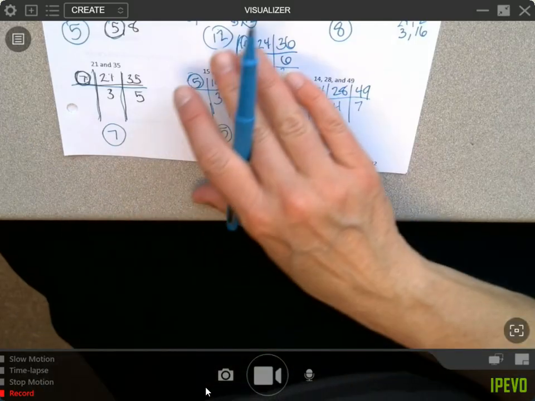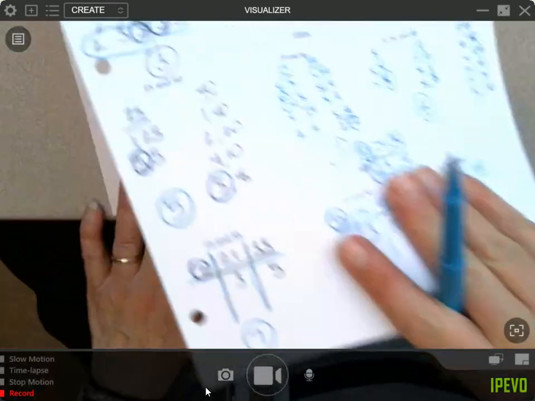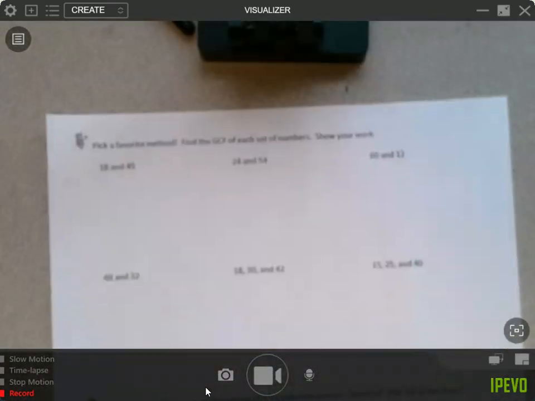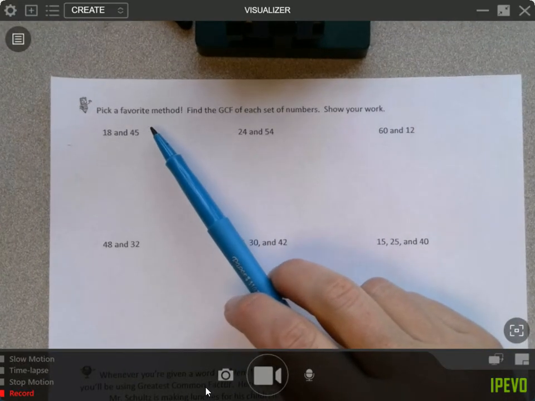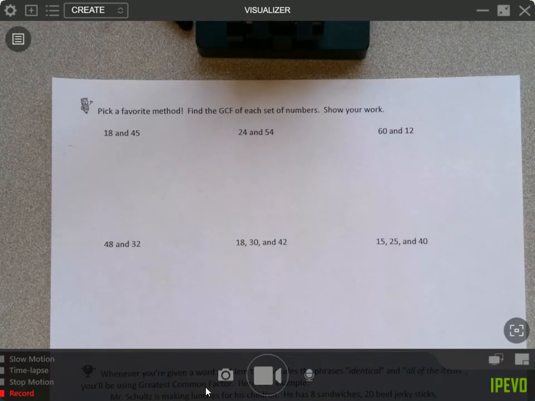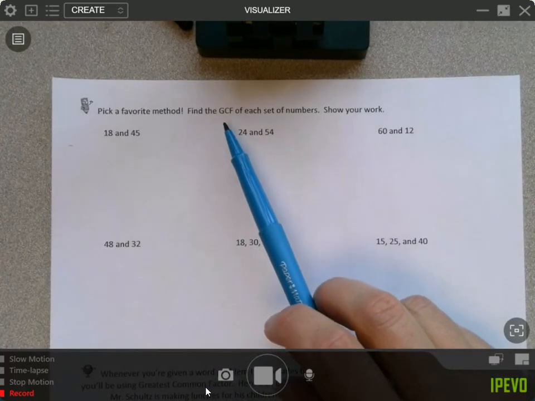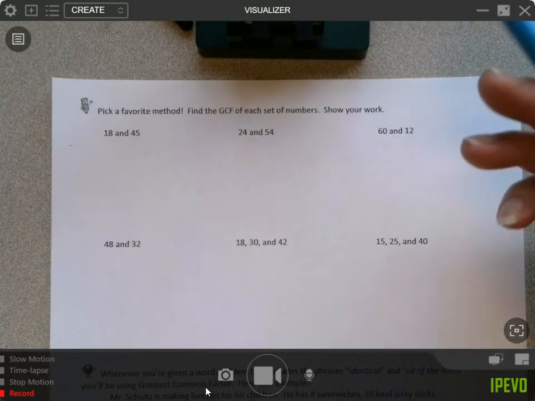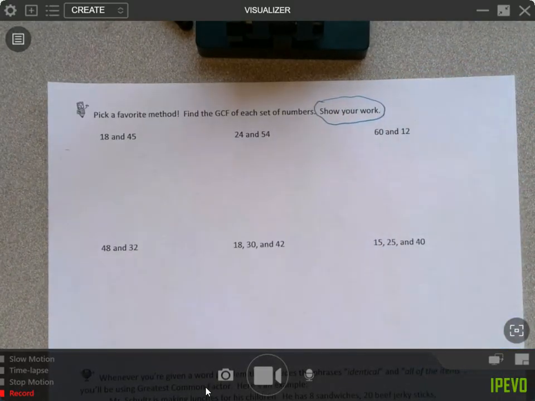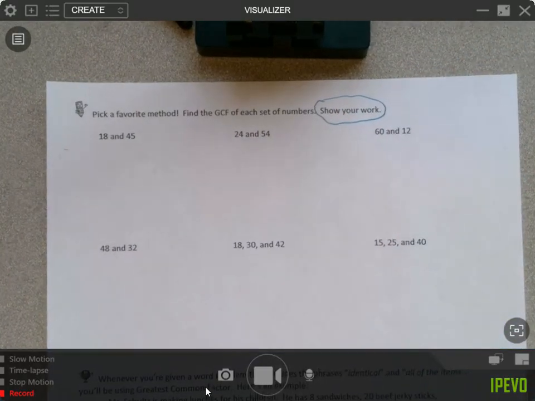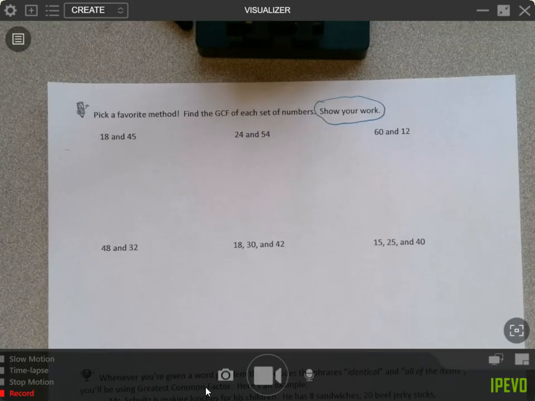Okay, so let's look at our second page. You're going to pick which method you want to use to find your greatest common factor. Show your work. Are you going to use the prime factorization? Are you going to use the listing method? Are you going to use the table method?